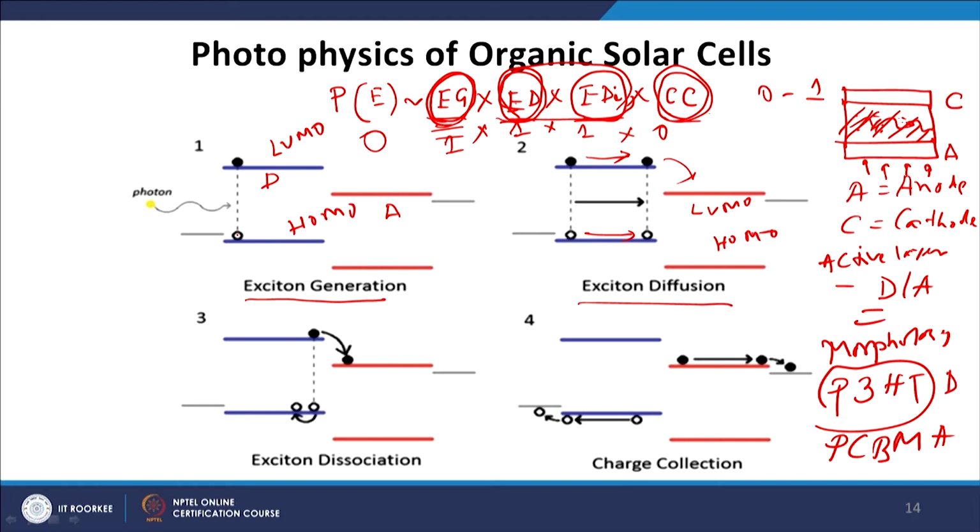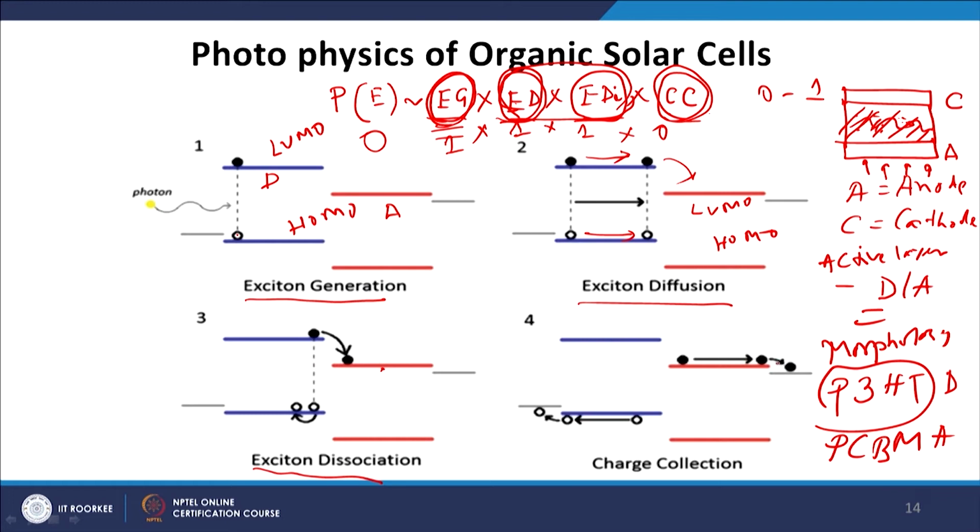That is step 3, exciton dissociation. Now, the electron jumps from the LUMO of the donor to the LUMO of the acceptor material and the hole stays back here. So, now I have separated 2 different charge carriers, the electron is now in the acceptor and the hole is in the donor. The donor can now conduct the hole to one side and the acceptor can conduct the electron to the other side.